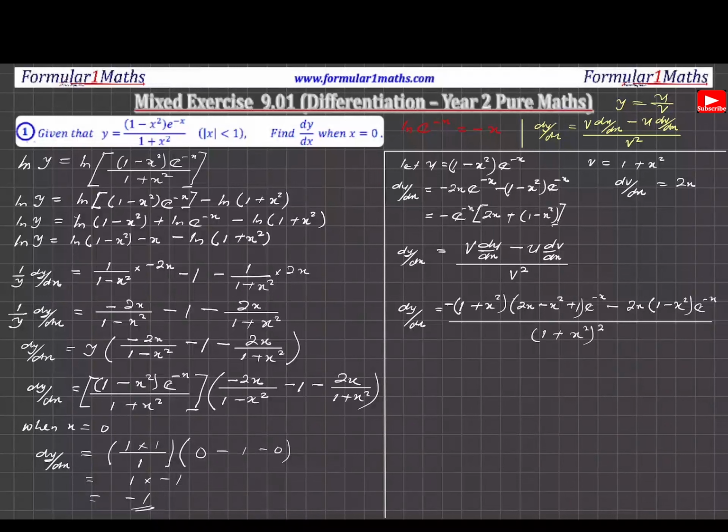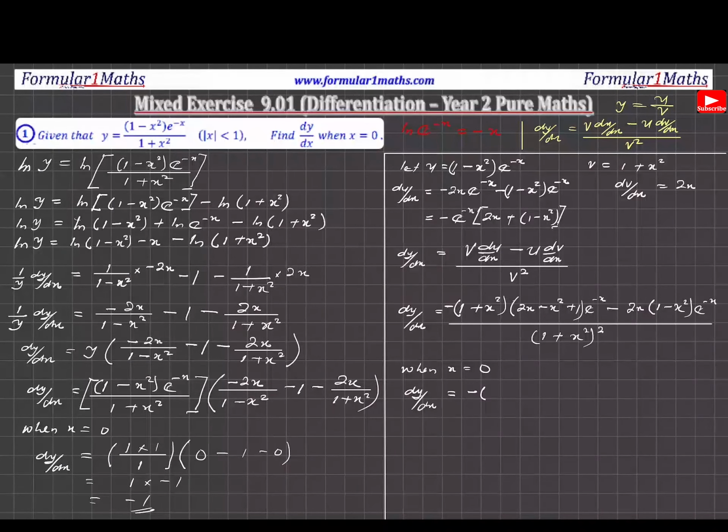when x equals 0. So when x equals 0, dy dx is equal to, now we'll do our substitution in this. So if I put 0 here, I'll get minus 1. So I get minus brackets 1 plus 0. If I put 0 here and 0 there, I get 1. So that will be 1. If I put 0 here, I'll get 1.